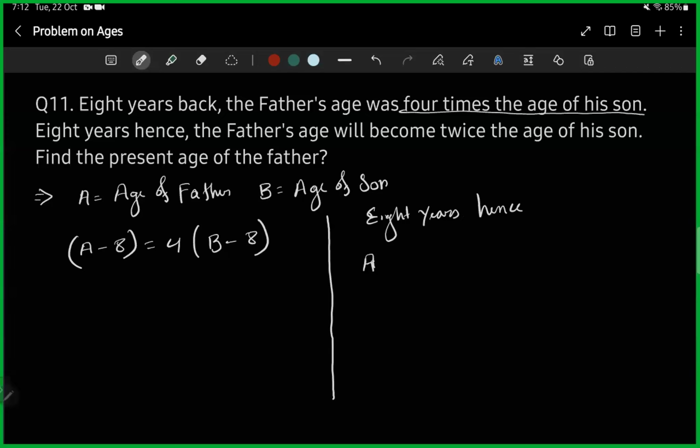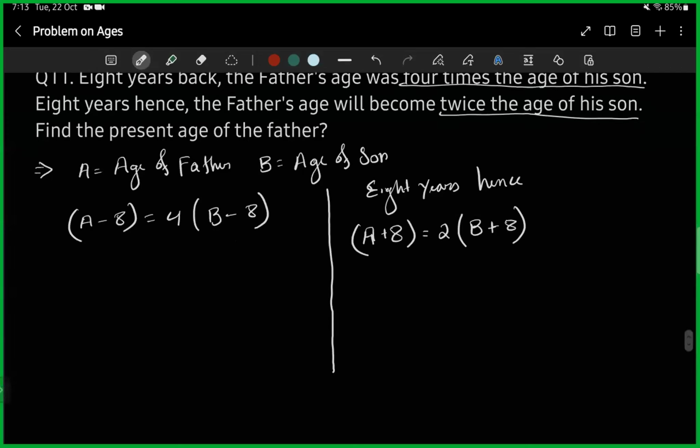Taking the same A for the age of the father, 8 years into the future, A plus 8 will become twice the age of his son, 2 times B. Since it is the future we have to add, so B plus 8. This becomes the interpretation of our question into the expression that we need to solve the question.